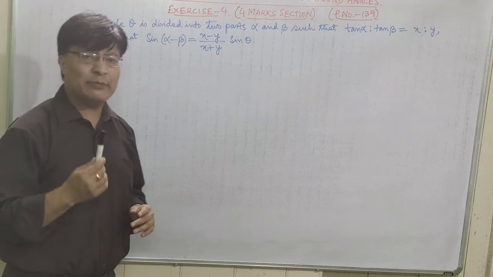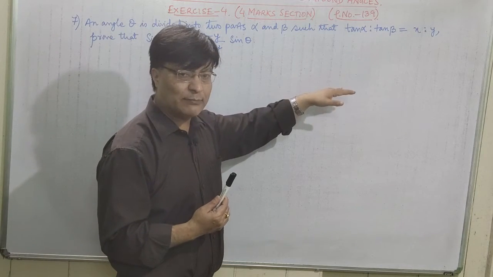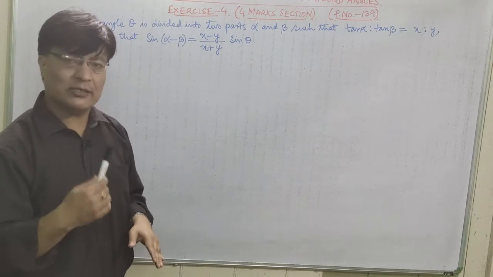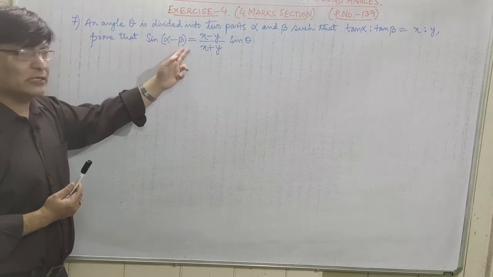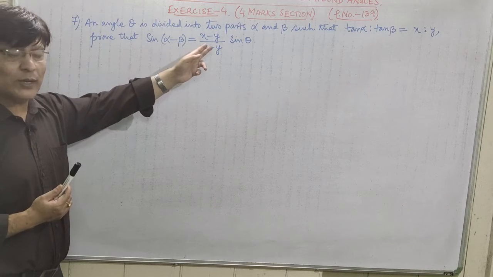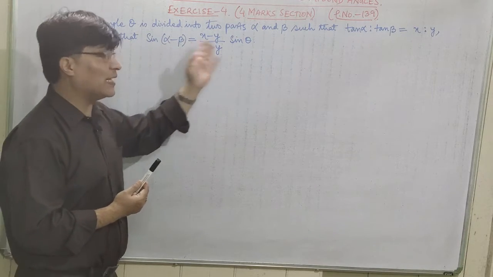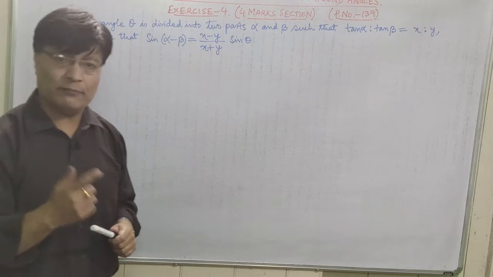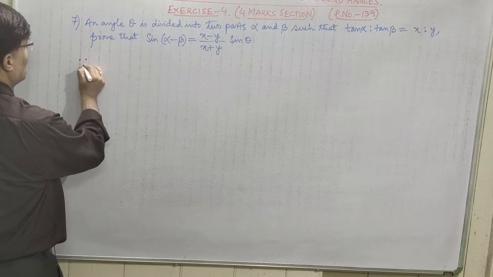The ratio can be written in terms of fraction, that is tan alpha divided by tan beta is equal to x upon y. That is also given. So you have to prove that sine of alpha minus beta is equal to x minus y upon x plus y into sine theta. So let us prove this LHS is equal to RHS from the given. Okay. So this is the solution.